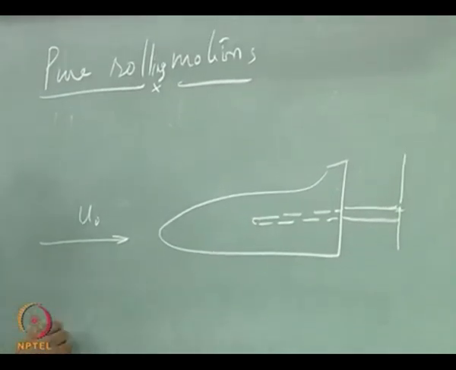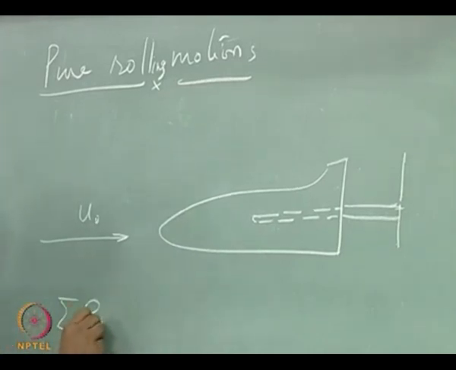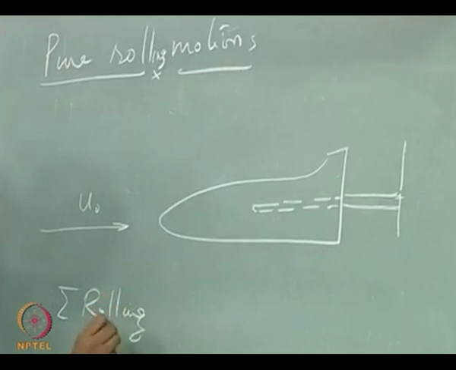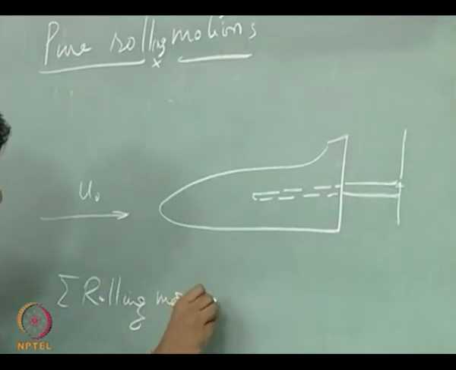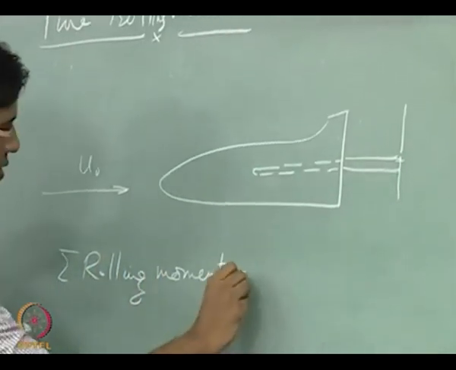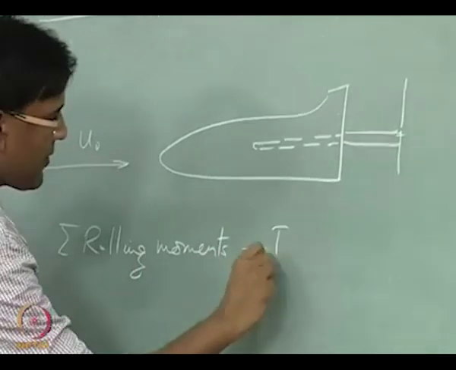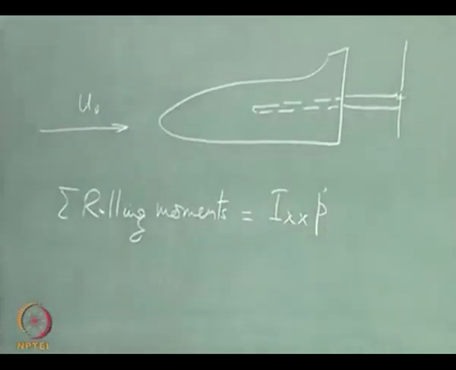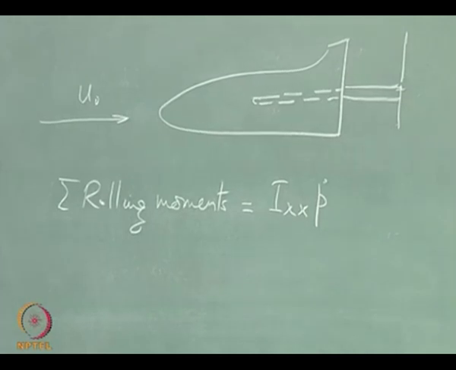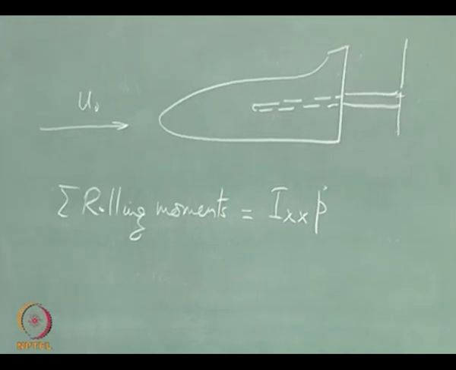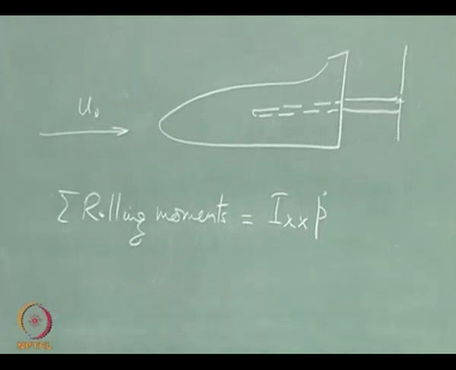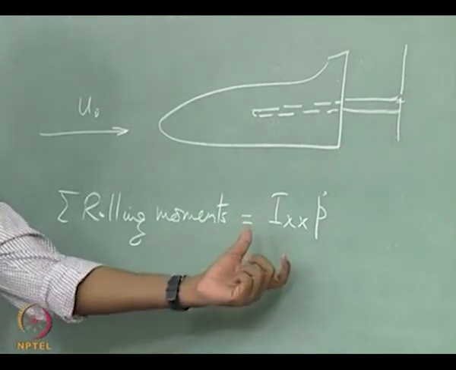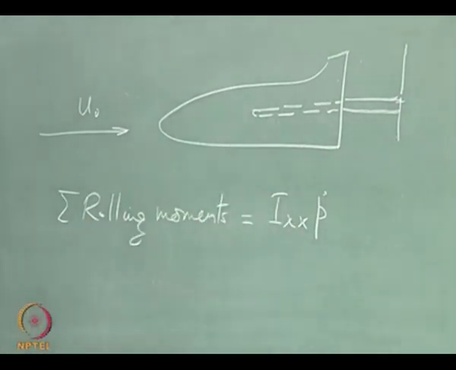So since it is constrained to only roll, the equation would be, sum of all external rolling moments is equal to Ixx into P dot.